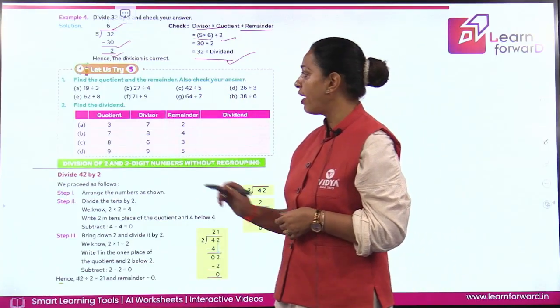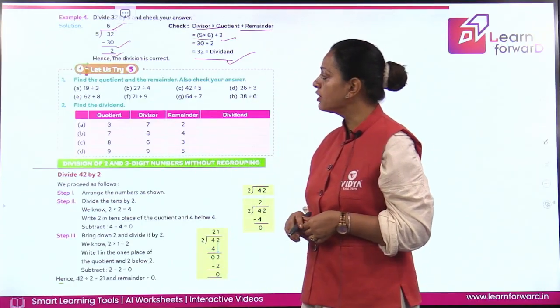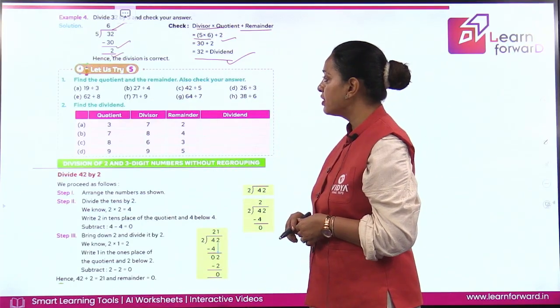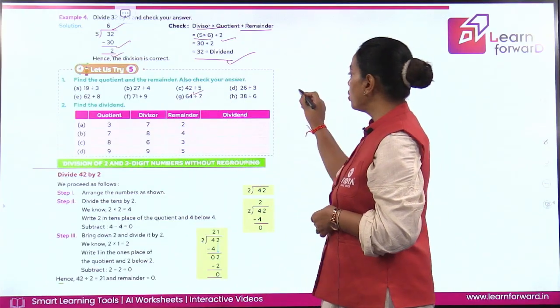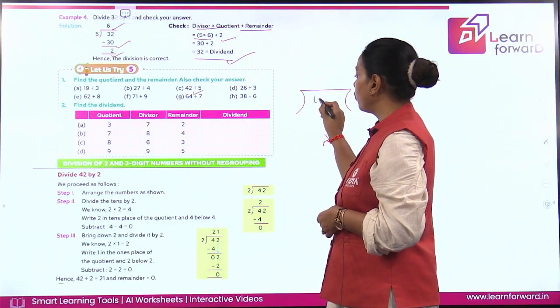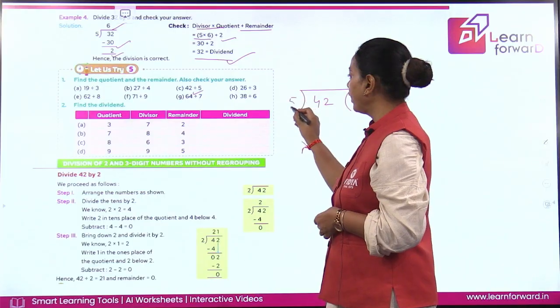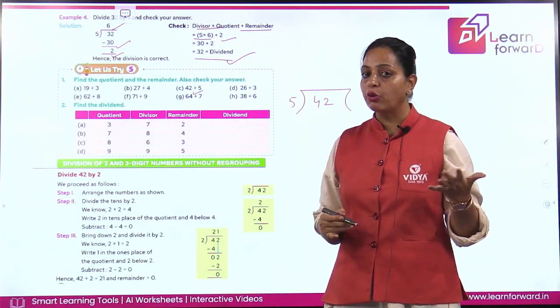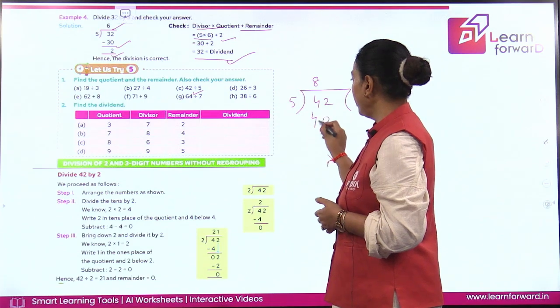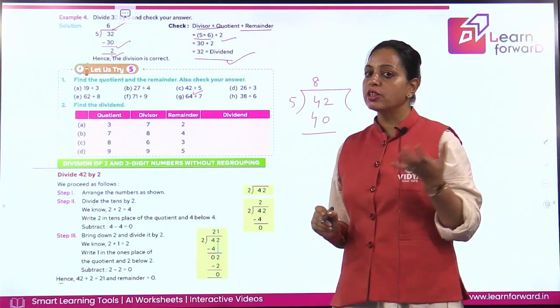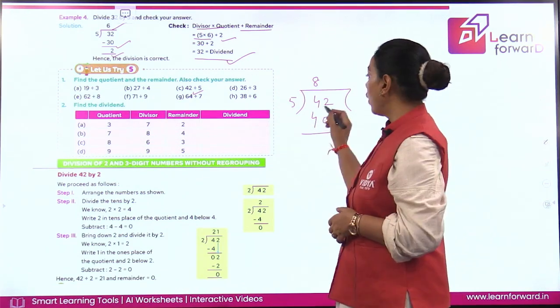Now let us try the fifth one. Like the first, find the quotient and the remainder. Also check your answer. Like C part, 42 divided by 5. So 42 by 5. So 5 का table you have to recall it. So 5 8s are 40. Okay. 42 के नीचे हम उससे smaller number ही लिखेंगे. Now minus कर दें.